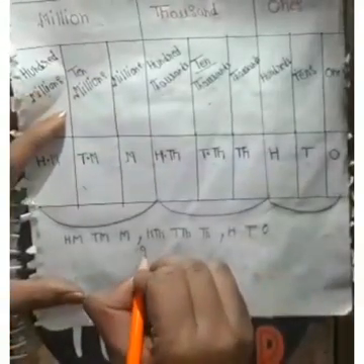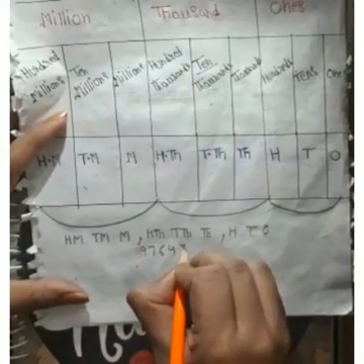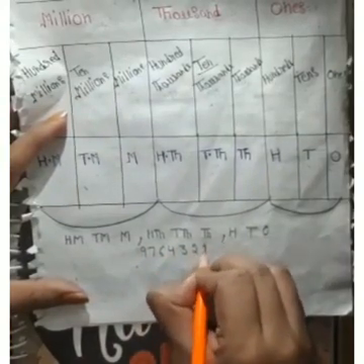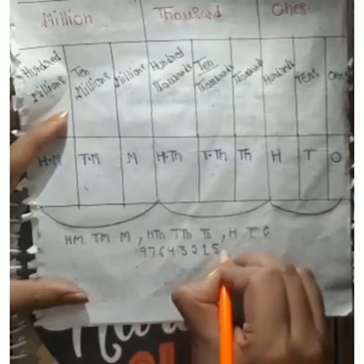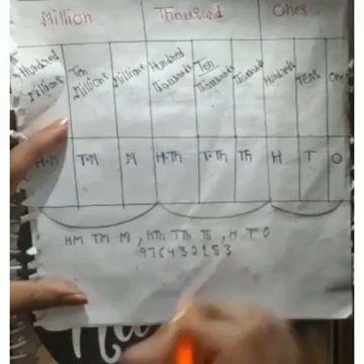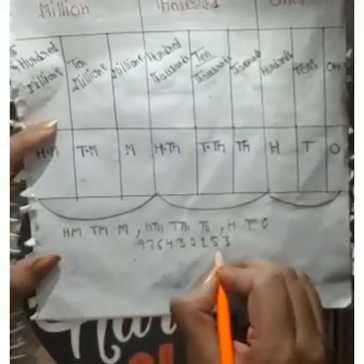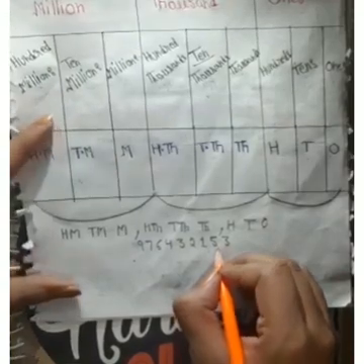Now I am taking one number, 9764321553. As I have already told you, whenever we have to write any number, start writing from the right side.